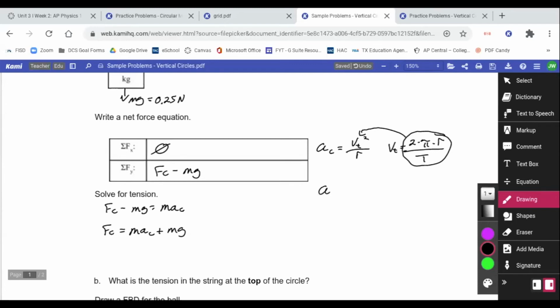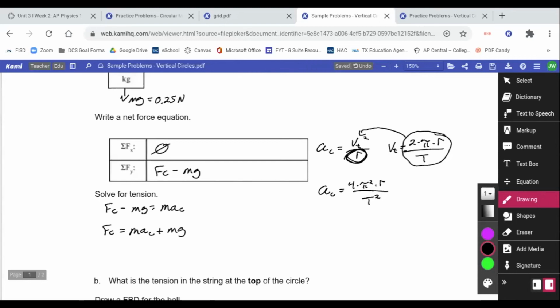So acceleration is equal to, squaring velocity and dividing by R, 4 times pi squared times R over T squared. Yes, you want to say, hey, wait, Mr. Watley, shouldn't that R be squared? Yes, but don't forget, it gets divided by that bottom R. That's why the square goes away.